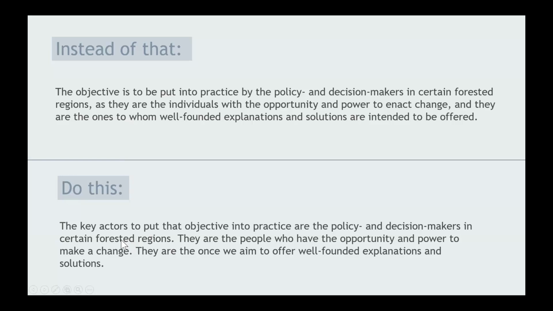The second really names who needs to do what. It names the policy and decision makers to do something, and names them as the people who are in power to change something.